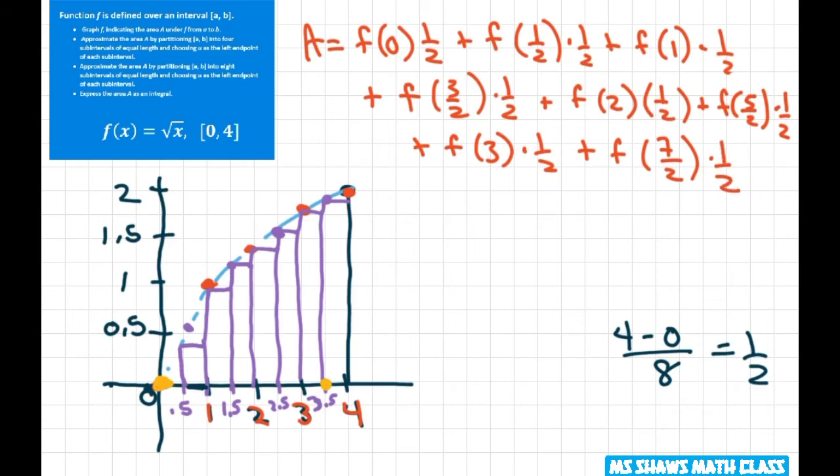Now we're going to pull out the 1/2 and evaluate these pieces.